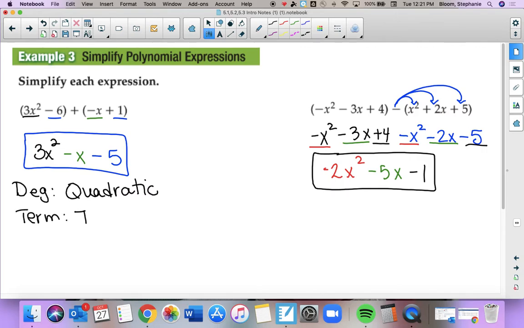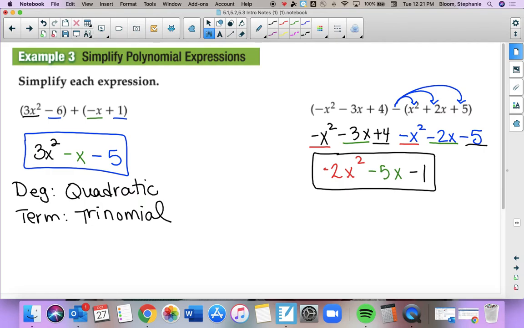Good. 3 terms is trinomial. And then we won't do that one over there because that's identical, right? Degree of 2 is a quadratic. 3 terms, trinomial. Okay, that's going to be the biggest thing is remembering the vocab for degree versus number of terms. Okay, so keep those straight.